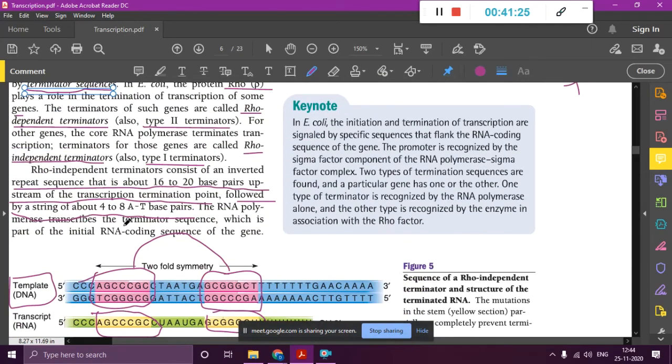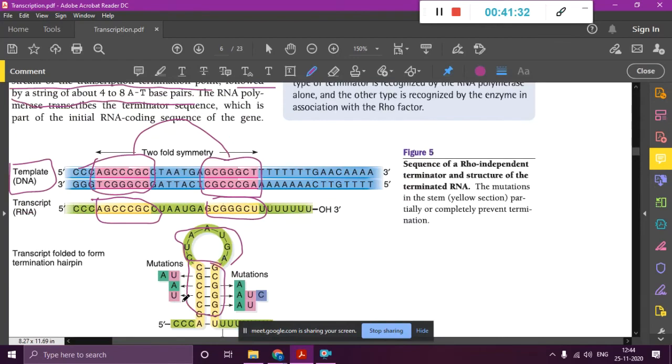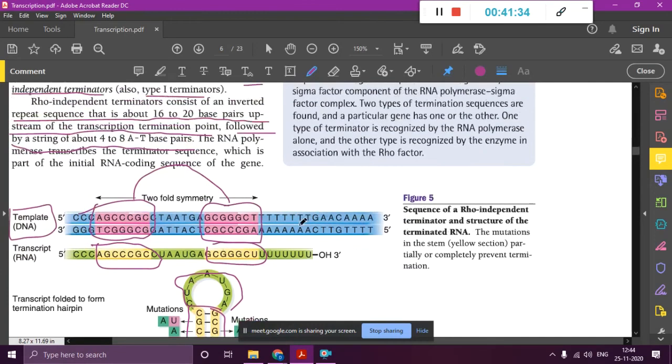So the polymerase transcribes the termination sequence, which is part of the initial RNA coding region. So this is in the RNA region which is taking place.